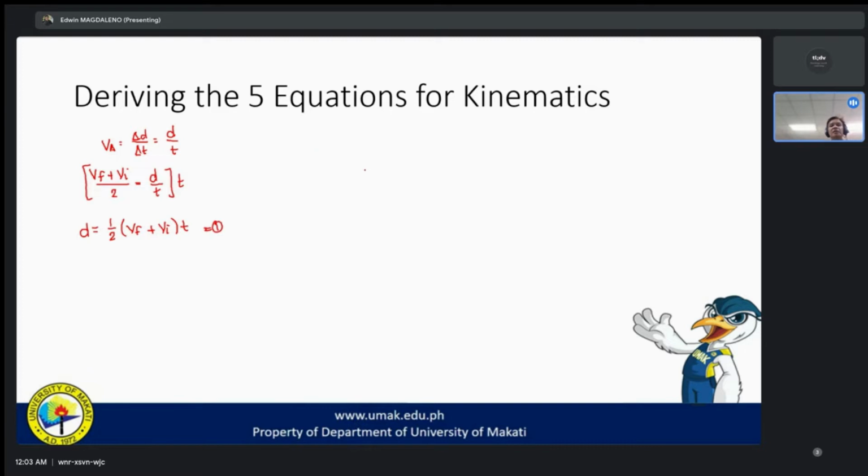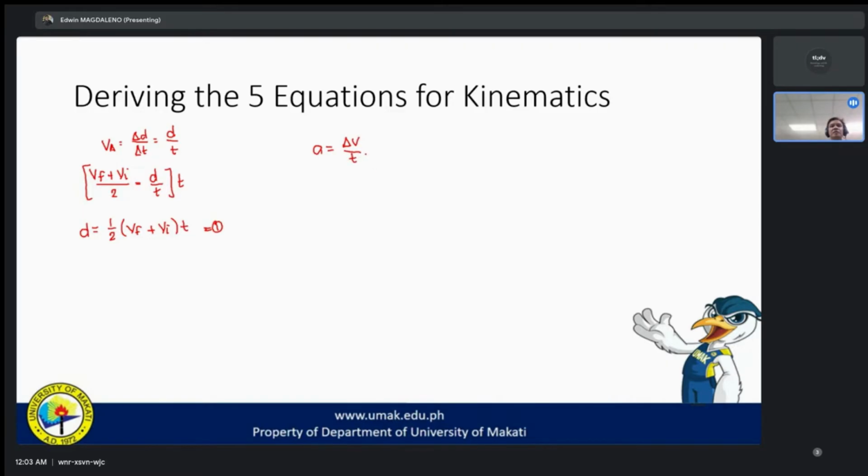The second equation was derived from the equation for acceleration. So acceleration is equal to the change in velocity per unit of time.